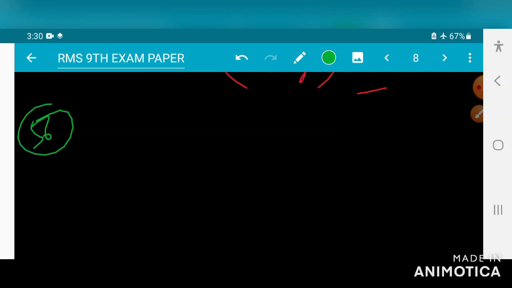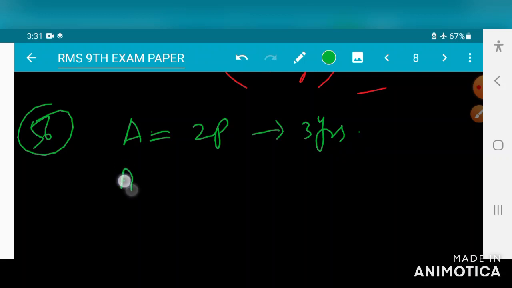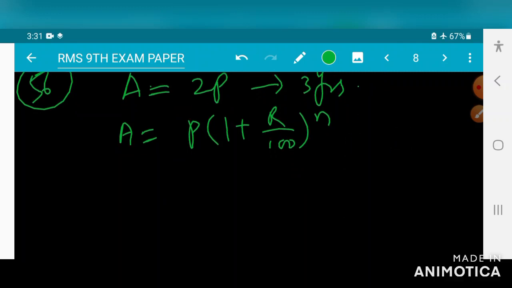See here, the first condition given to us is that it doubles itself in 3 years. So the amount is nothing but P into 1 plus R upon 100 whole power n. This is the formula for finding amount. By putting the values, the amount is 2 times of principal, as given in the first condition.